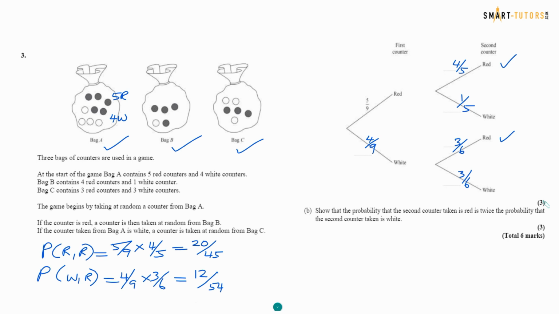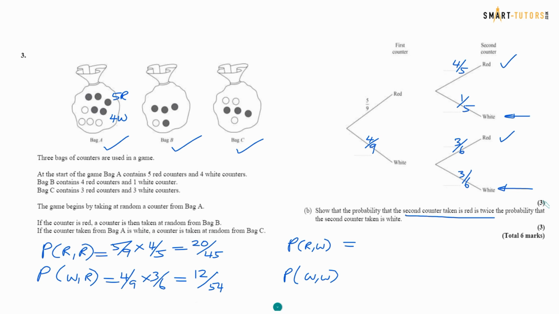Now what is the question? The probability that the second counter taken is red is twice the probability that the second counter taken is white. So second counter white means probability of, so this one and this one. Red comma white, probability of white comma white.